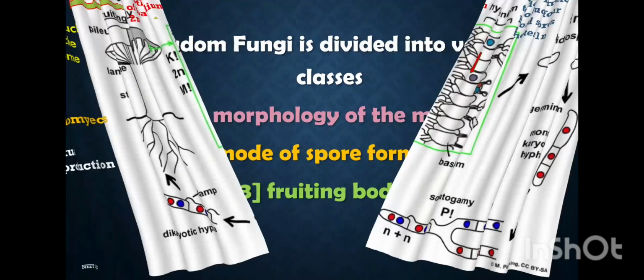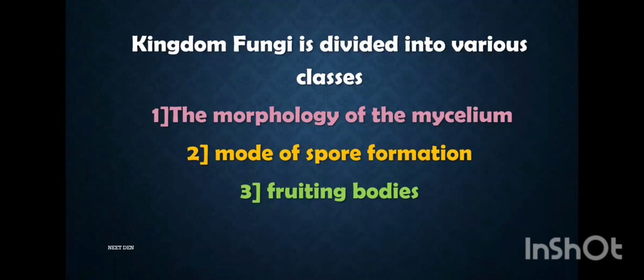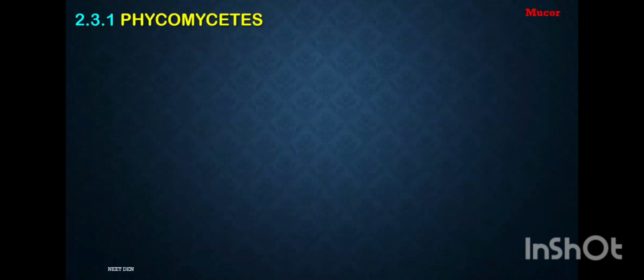Now, kingdom fungi is divided into various classes, depending first upon the morphology of the mycelium, that is the morphology of hyphae as well as mycelium, then the mode of spore formation, and the different types of fruiting bodies present in different types of fungi. So the first group is Phycomycetes.